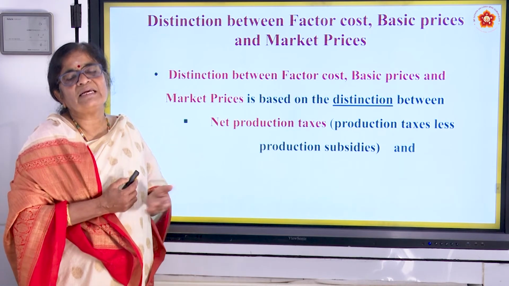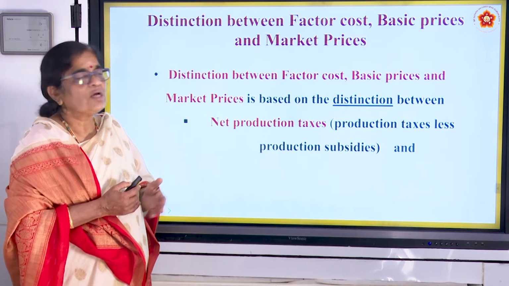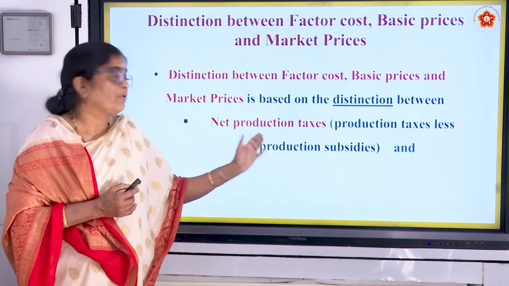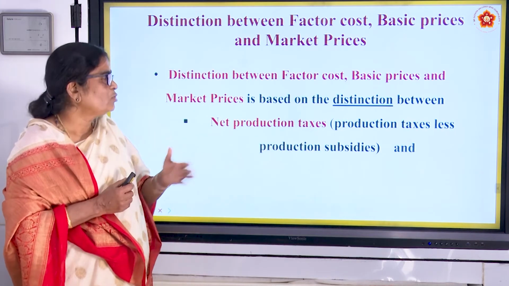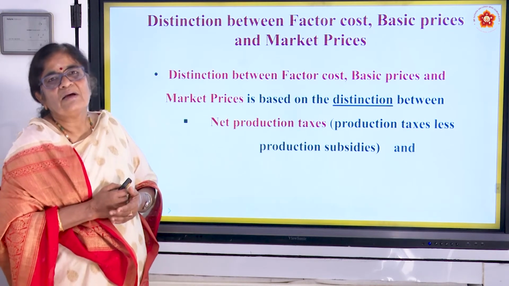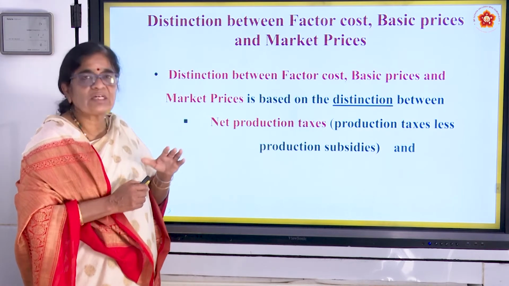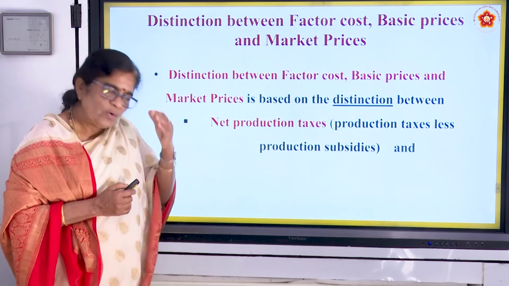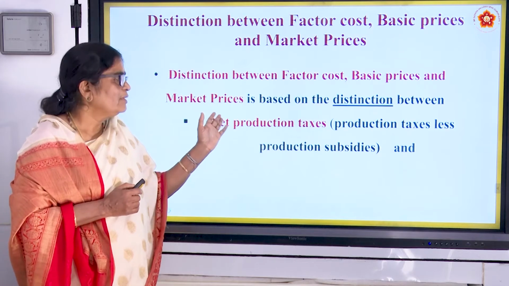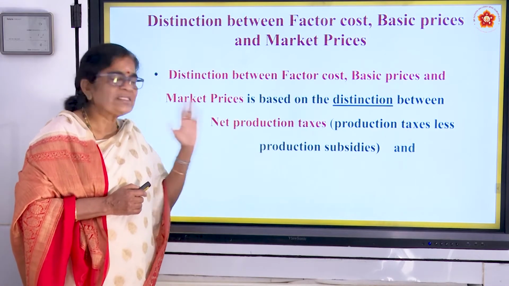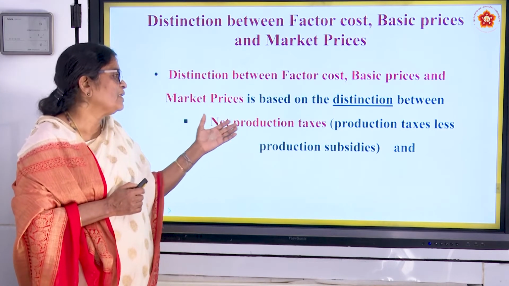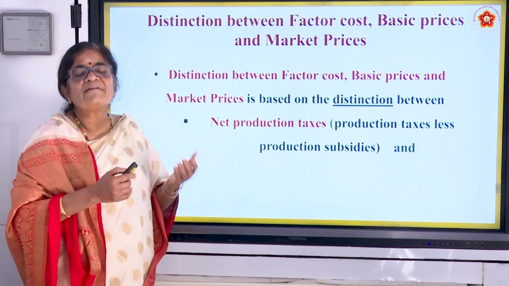When we mention net production taxes, it refers to the production taxes less production subsidies. Production taxes are taxes for the virtue of production, without considering the volume of production. For instance, I can take land revenue.